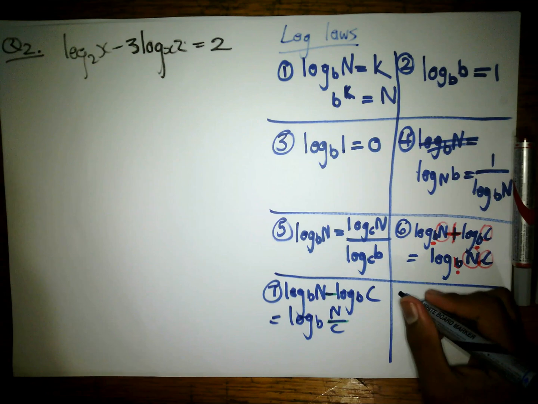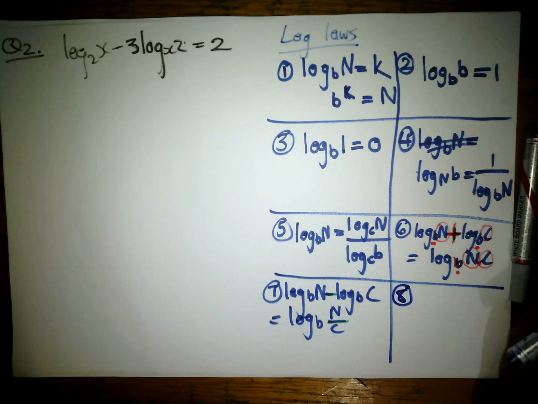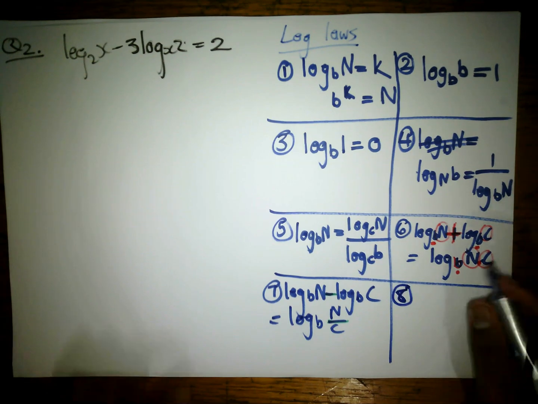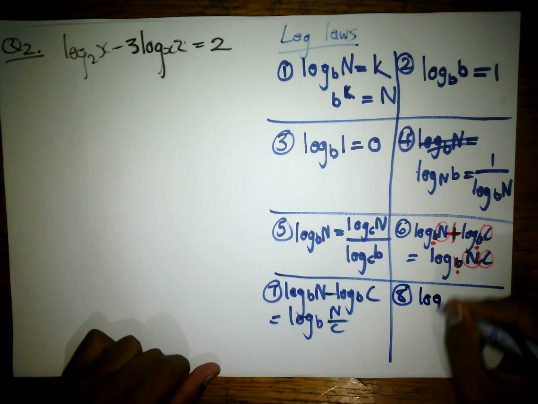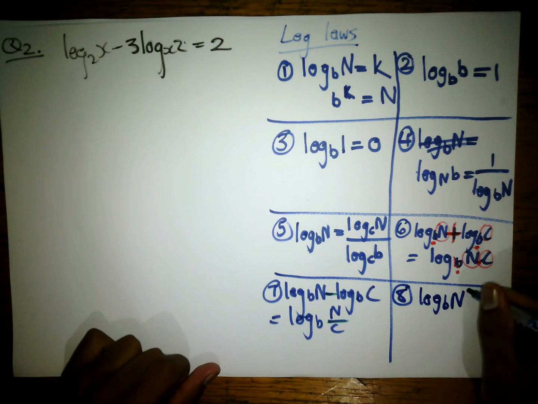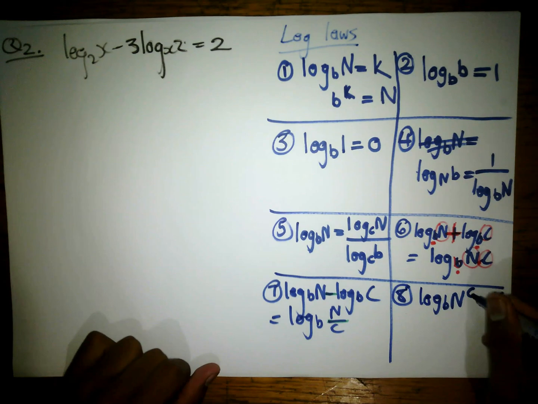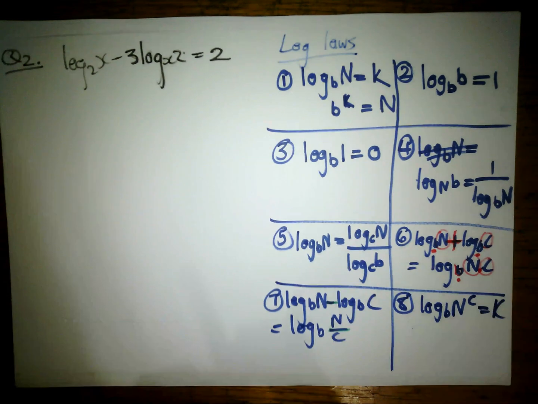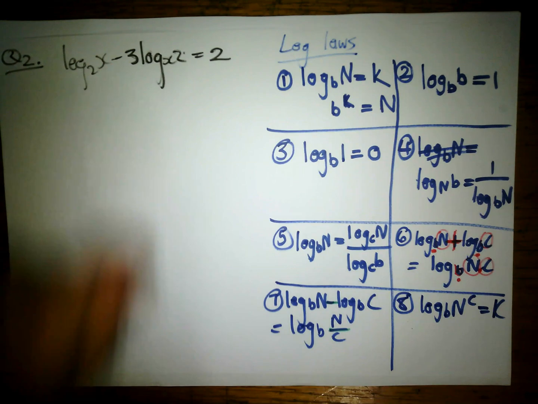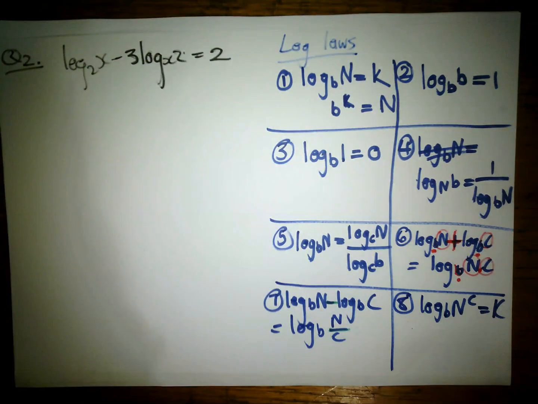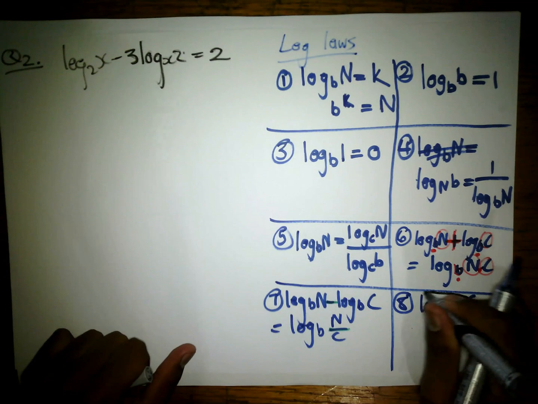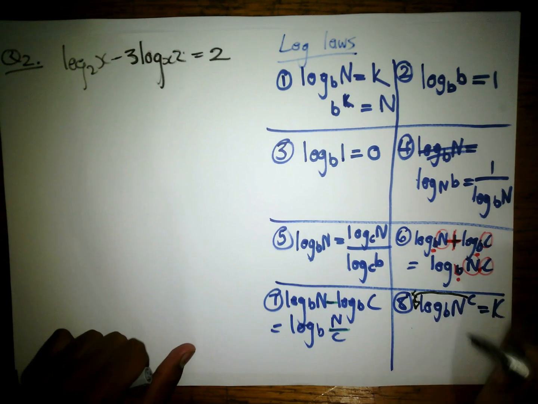Then we have another one. It is saying log base n to the power of a number. That exponent we can bring to the front and multiply.